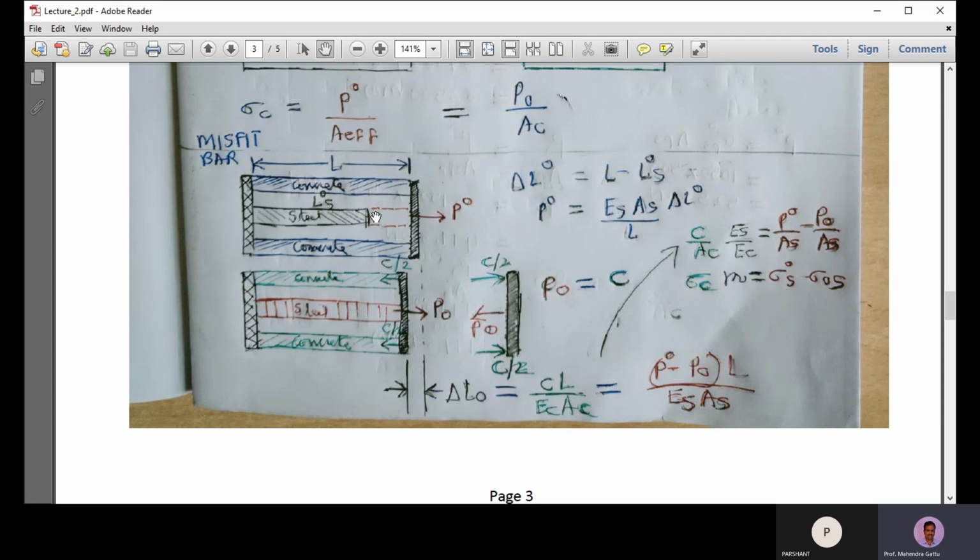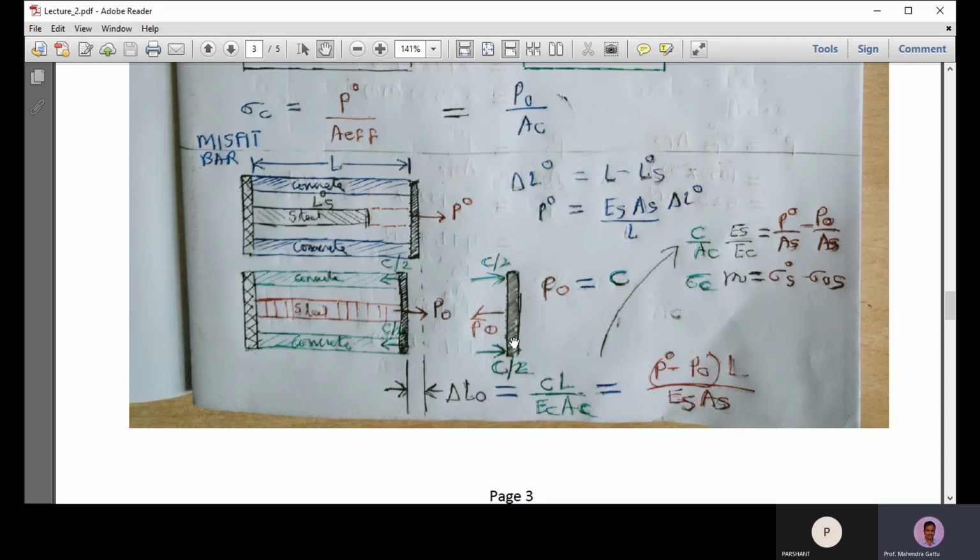Now once we have applied that force and attached it to this rigid plate, let's see what will happen to this entire system. It will be a self-equilibrating system. This plate will move to the left, and the compressive force develops here and here, and tensile force develops here. We can draw the free body diagram for the plate.